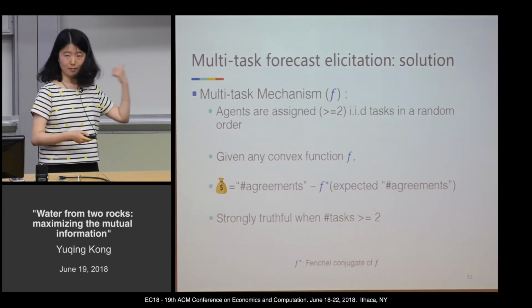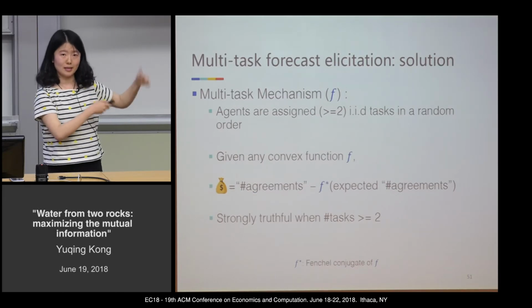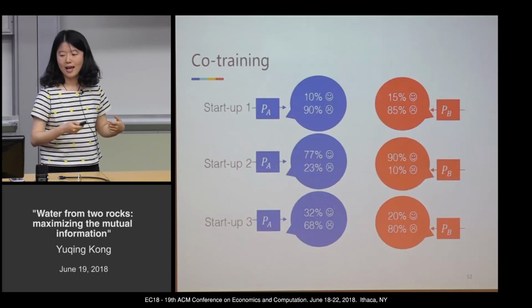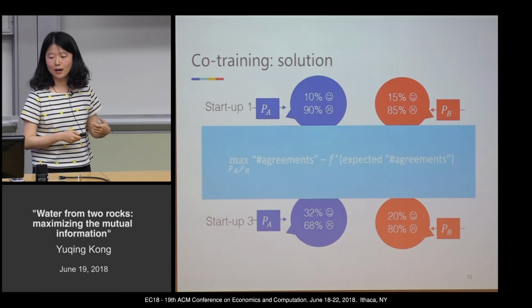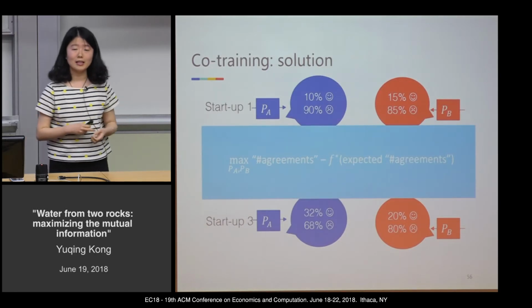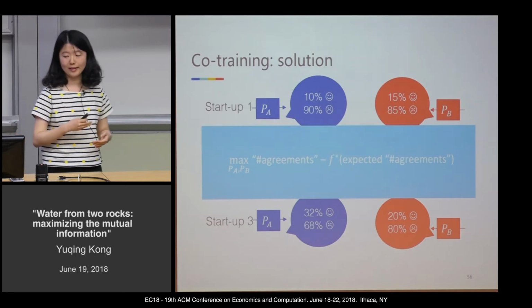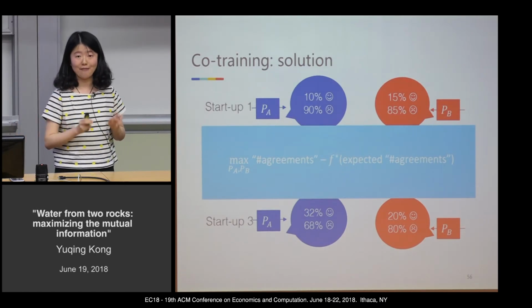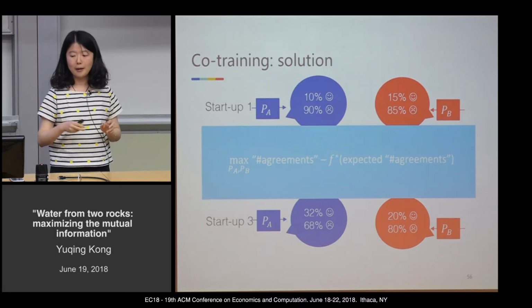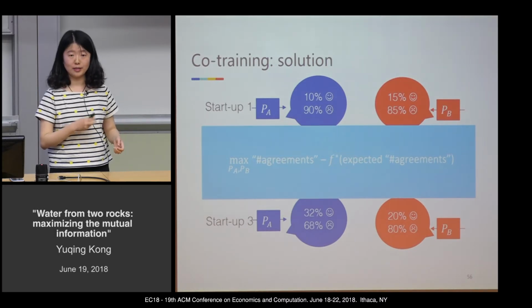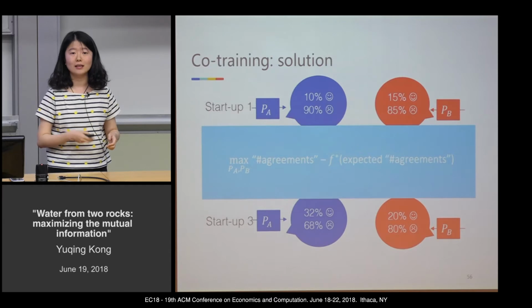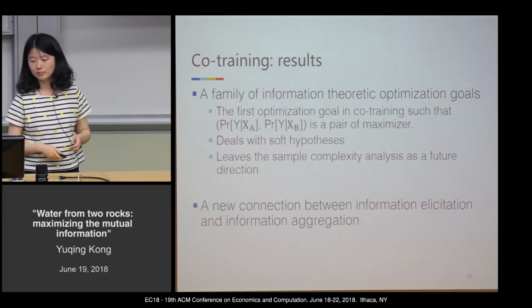So basically, in the mechanism design part, we just pay them this formula I mentioned before. And in the co-training part, what we do is we just pick the pair of predictors that maximize this F mutual information gain. And by the same proof, we can show that the best predictor is a predictor doing this Bayesian posterior thing.